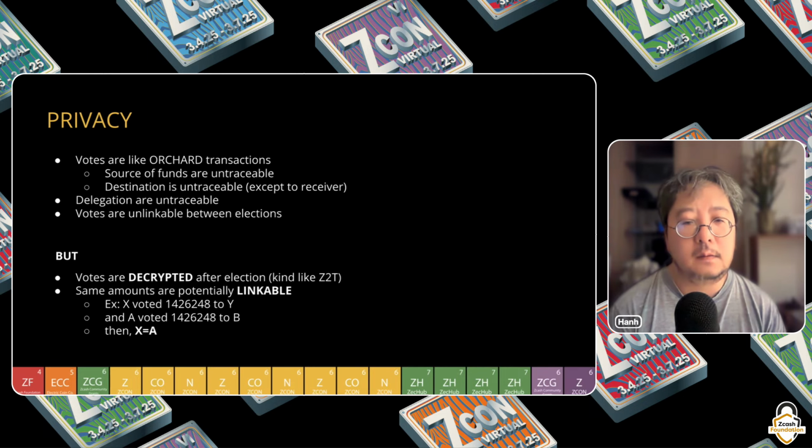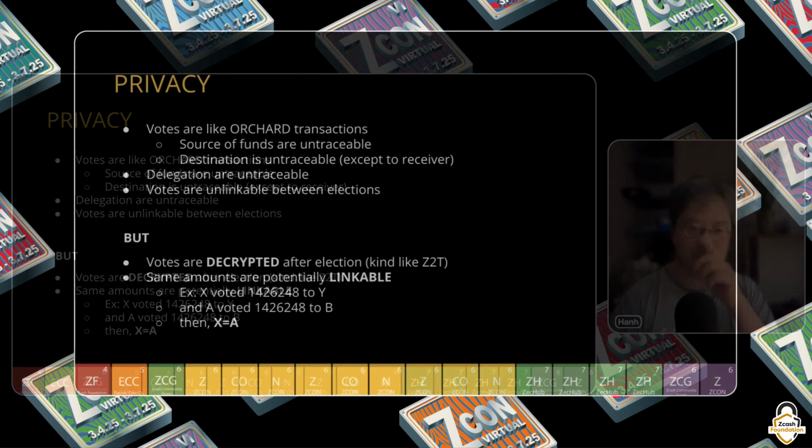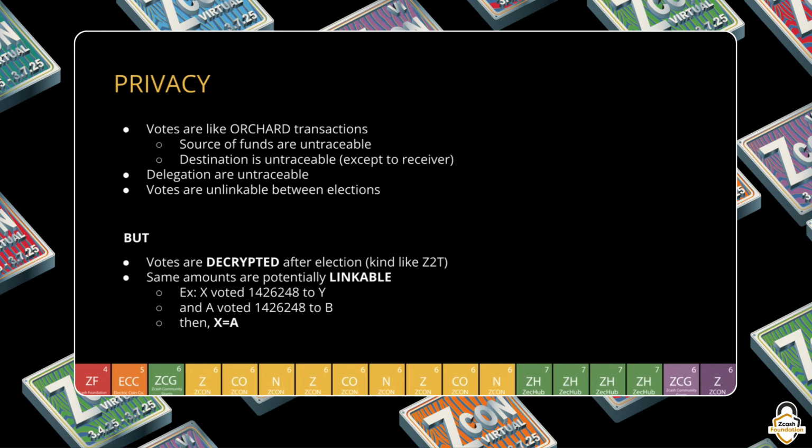Okay, but there's a caveat. Because the votes are decrypted at the end, and because we have to be transparent and report the outcome, we have to show the result of the election. So if we show the result of the election and we see that we have votes that are very, very similar based on the amount of ZEC that were used.